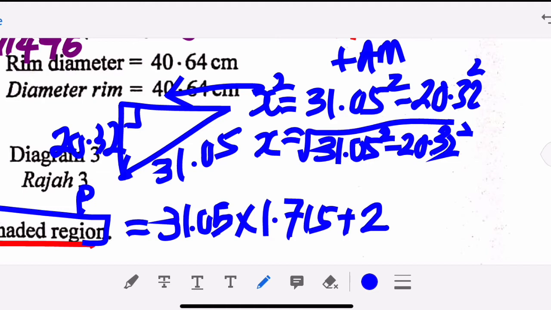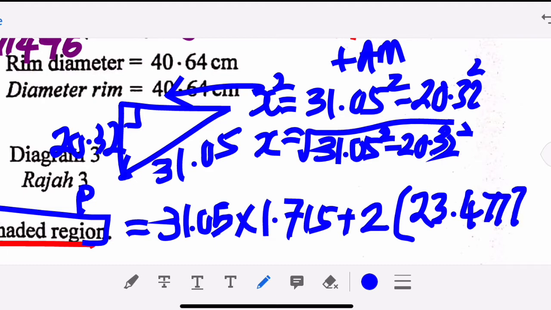31 square, 31.05 square minus 20.32 square, and square root the answer, you get 23.4777, right?